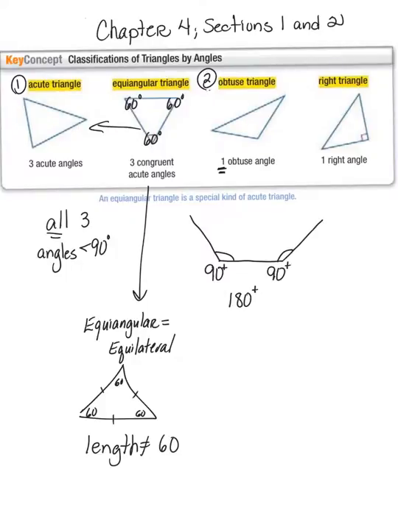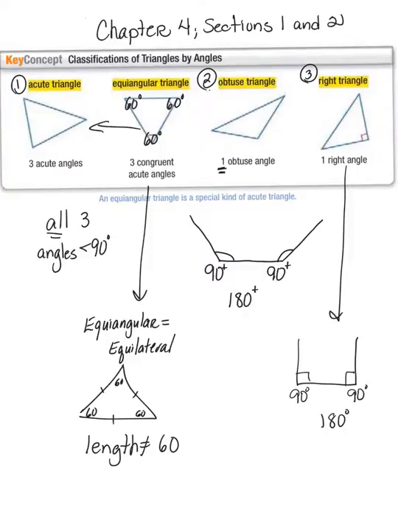And likewise, in our third classification, the right triangle, you can only have one right angle. Again, you would have something that looks like a box with the lid off. 90 degrees in one, 90 degrees in the other. You'd have 180 degrees in the two angles with no degree measure left for angle 3.